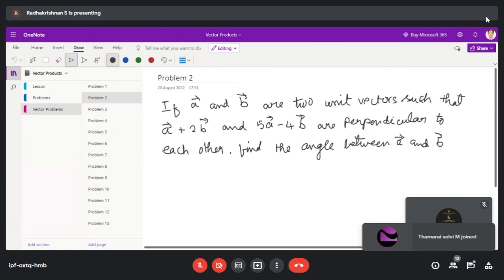Since two vectors are perpendicular to each other, we can immediately assume that their dot product is zero, right? If two vectors are perpendicular, their dot product is zero. So that is what you have to take now.